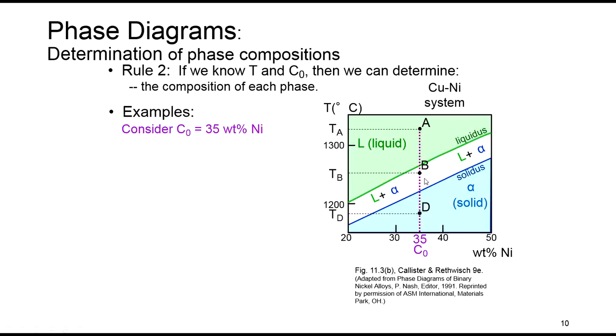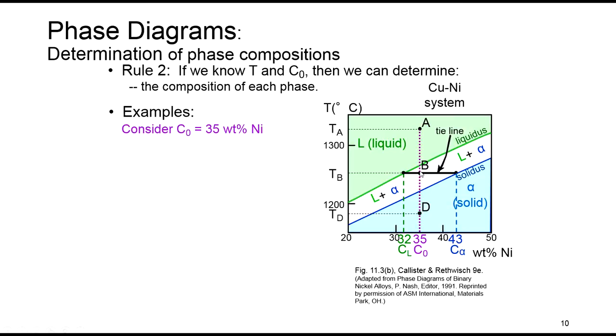So the value of CL, the composition of the liquid, can be found using this tie-line system. For the composition of the liquid, we just go horizontal until it intersects with the border of liquid and alpha phase. Therefore the composition of liquid is, as you can see, 32 weight percent of nickel, and the composition of the alpha phase can be found from this line going horizontal, and the intercept goes down, which is 43 weight percent of nickel.